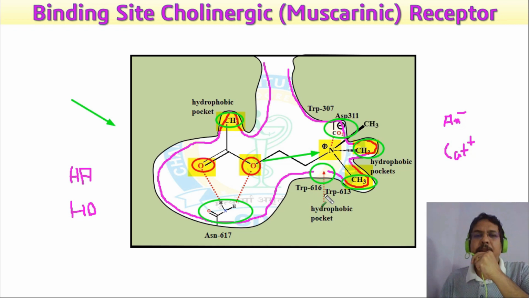So if we keep in mind or fulfill all these basic requirements, then the molecule is able to fit properly in the cholinergic receptor, and produce the necessary conformational changes which create secondary responses.